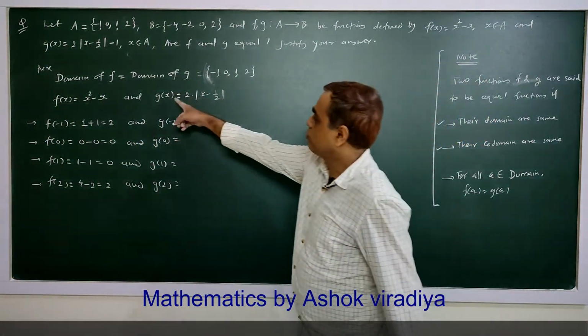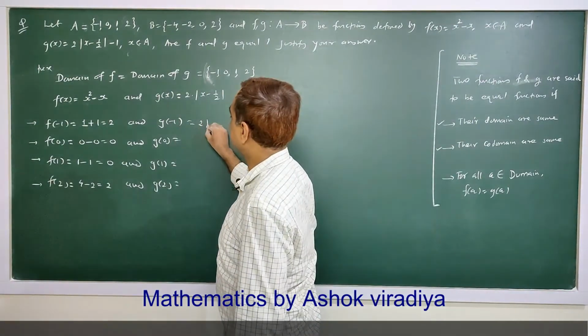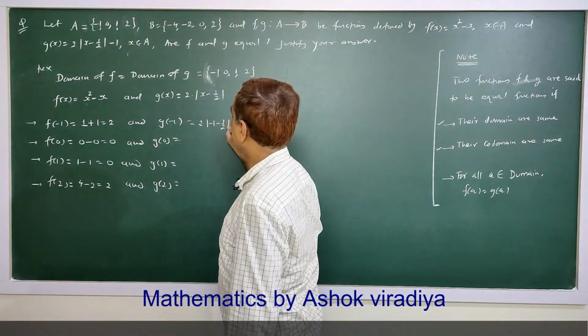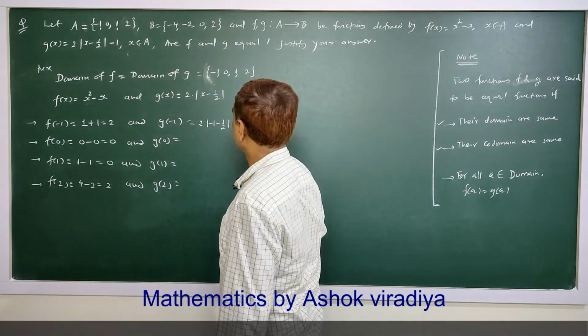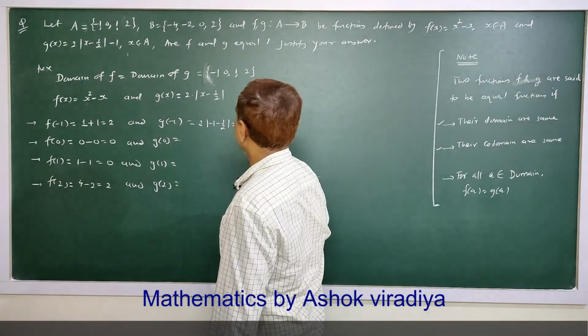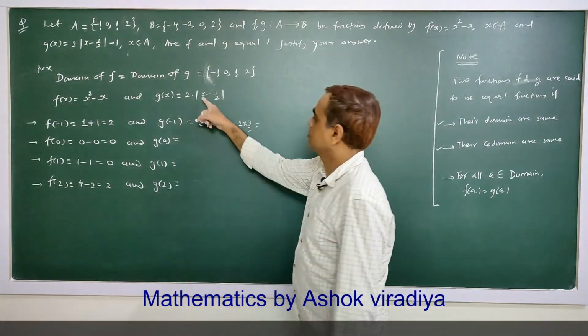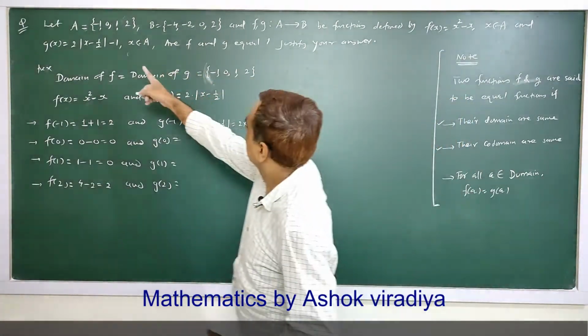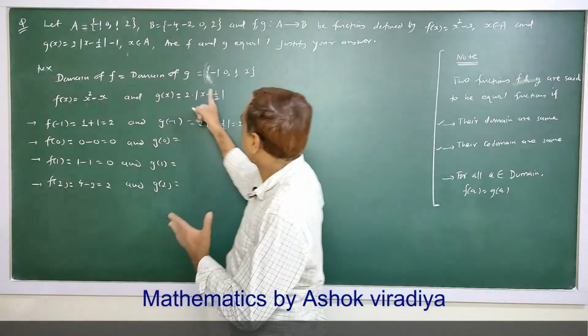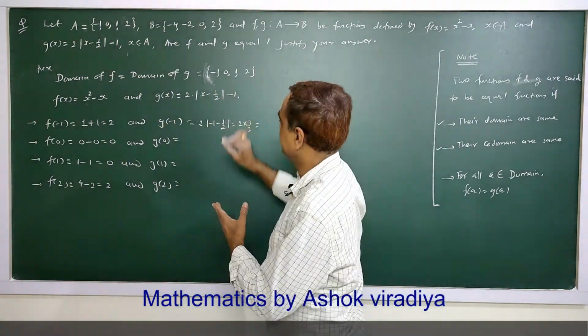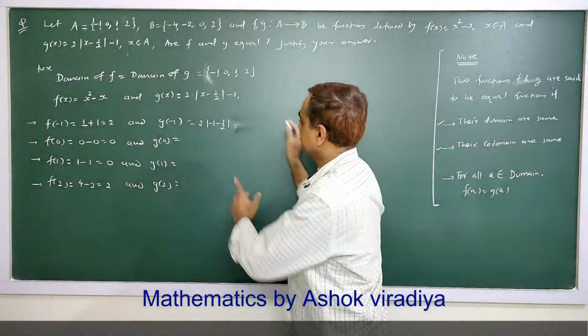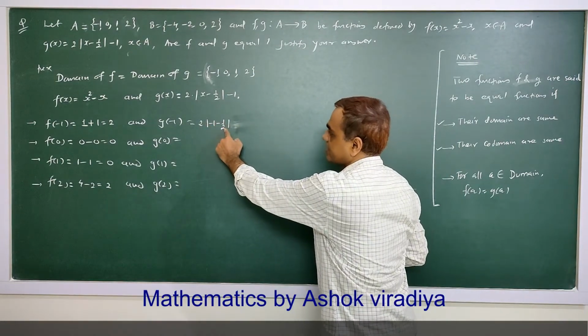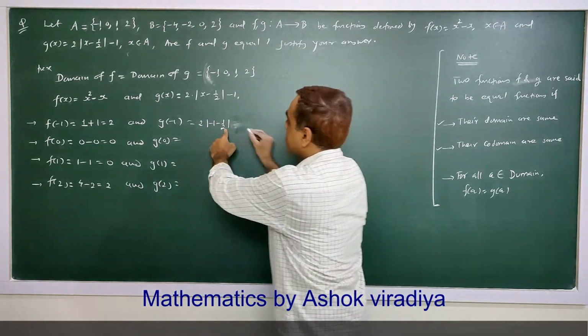g of minus 1. So 2 times modulus of minus 1 by 2, so 2 times, this is 3 by 2. Minus 1, sorry, here I missed this number. It is 2 times modulus of x minus half, minus 1. So here 2 times modulus of x minus half, minus 1.